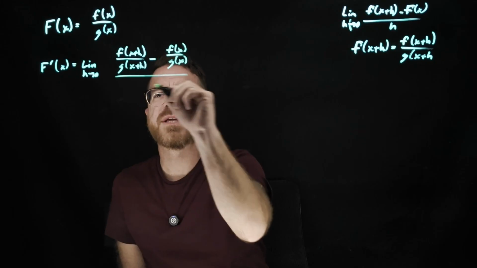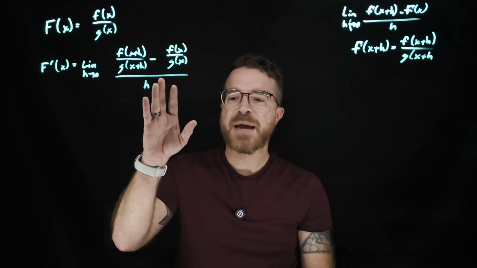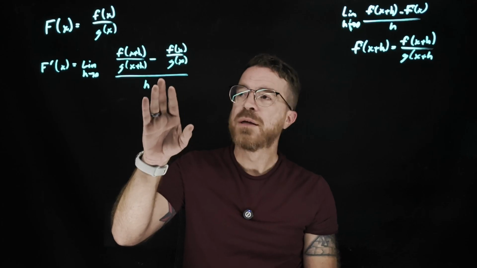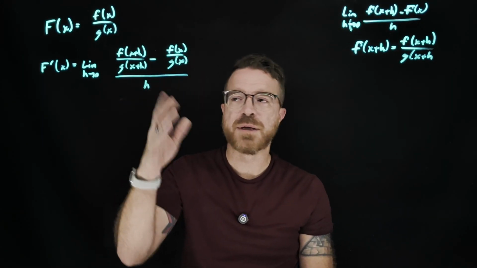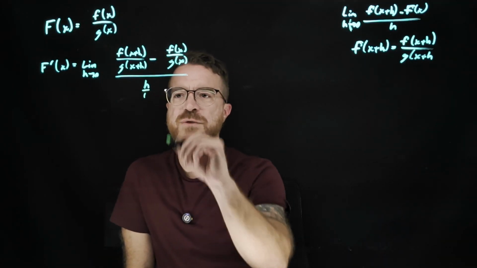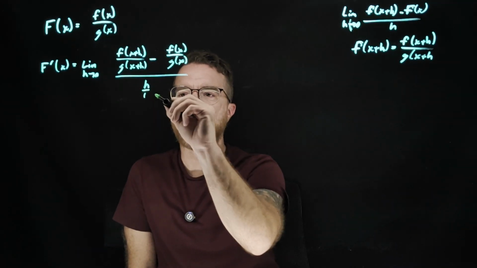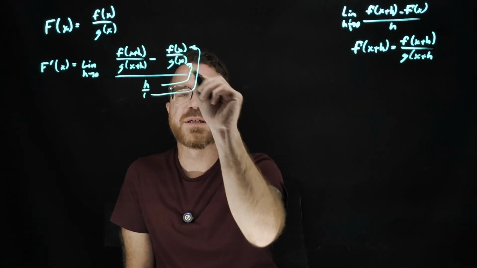And then this entire thing is divided by h. So the first thing I'm going to do is get both of these in terms of a like base so I can actually work with them. I'm also going to pull this h up to here, because if you think of this h as h over 1, then with fractional division, this 1 is going to come up to the top and this h is just going to come to this term.